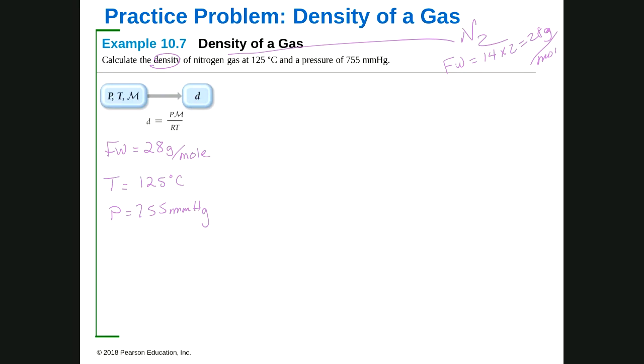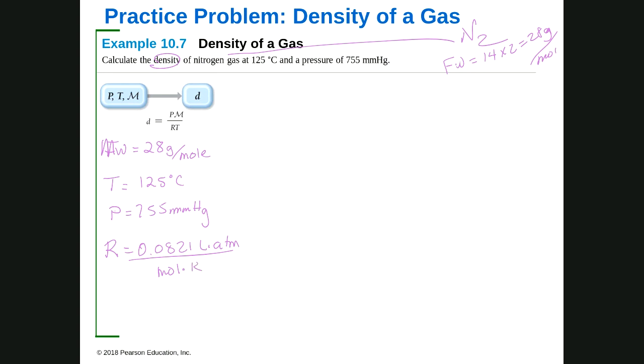Density equals pressure, I got a pressure, times the formula weight or molecular weight. They're using M, so I'll change that to an M. Molecular weight, formula weight, same thing, is 28 grams per mole, and it gives me a T, and I also need R. Now remember what that is, 0.0821 liter atmosphere over mole K.